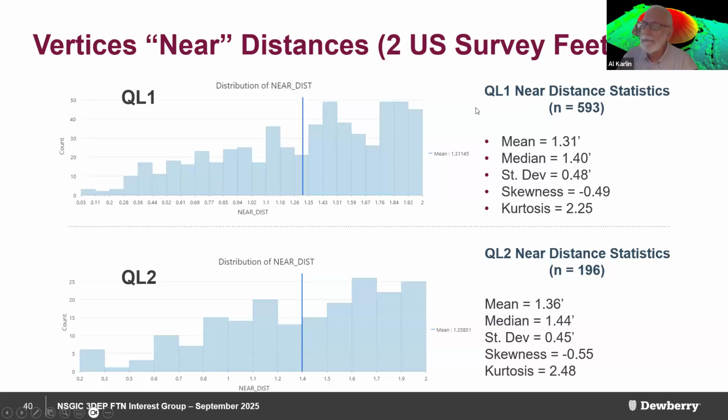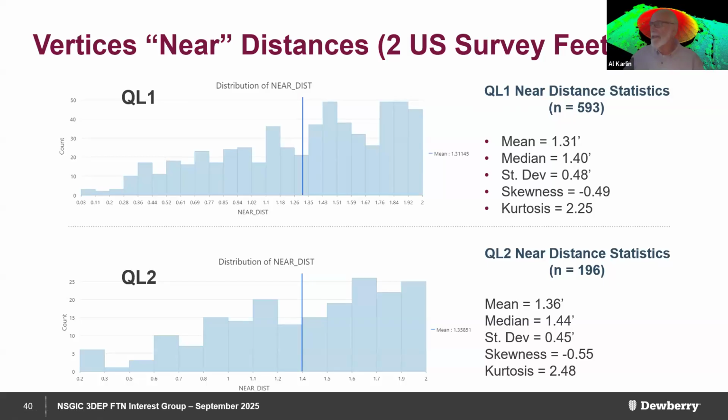And when I asked how many of those are within 2 feet of a SWFWMD hand compiled vertex, we found about 600 of the QL1 points and about 200 of the QL2, so about 3 times more QL1 points.